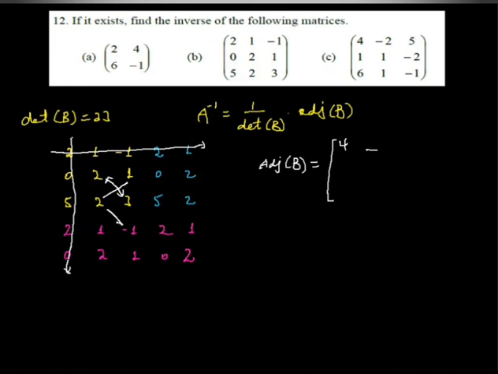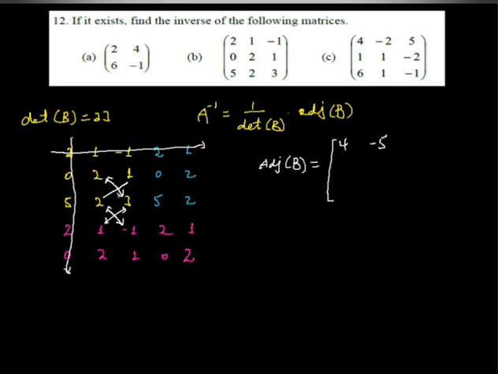Multiply 2 by minus 1, it's minus 2, minus 1 times 3 is minus 3, so minus 2 minus 3 is minus 5. Okay, so the element here becomes minus 5.